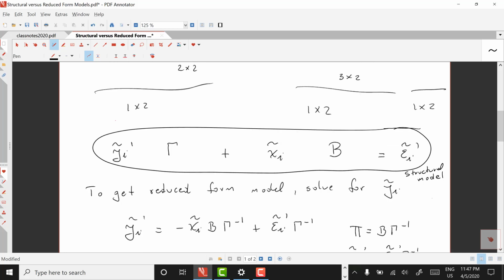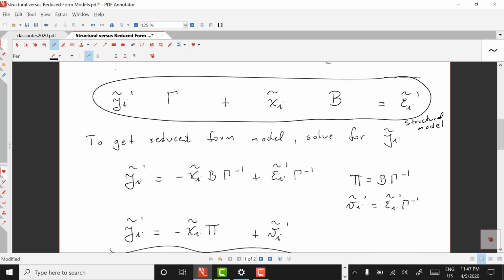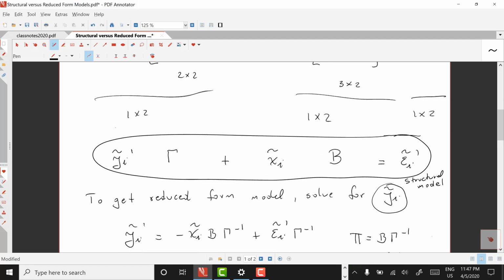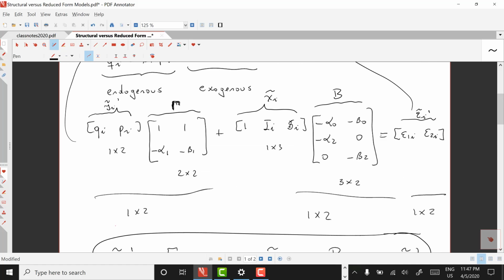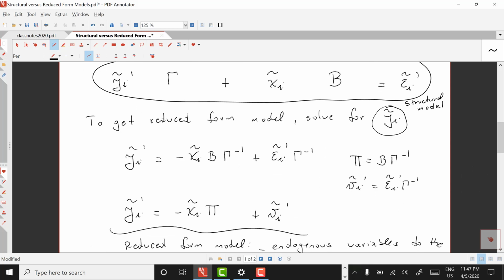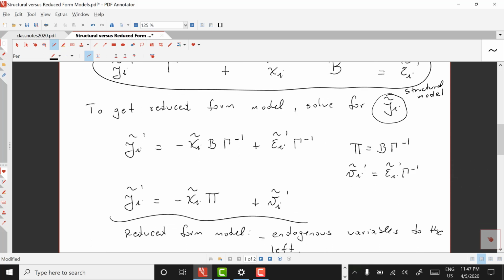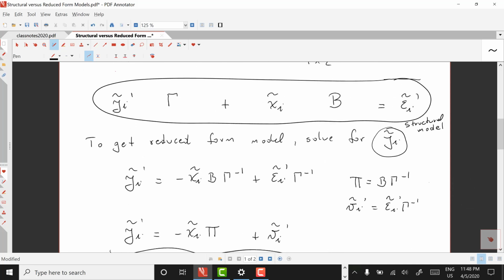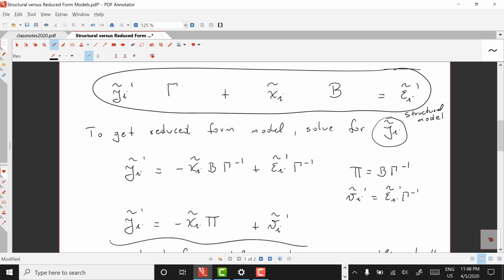Now, to get to what's called the reduced form model, we need to solve for yi only. So remember, yi is the vector of only endogenous variables. So what we do here is we solve for yi, so yi hat, and again, using this equation, it is going to be equal to minus xi tilde B times this omega inverse, plus the error term times omega inverse.